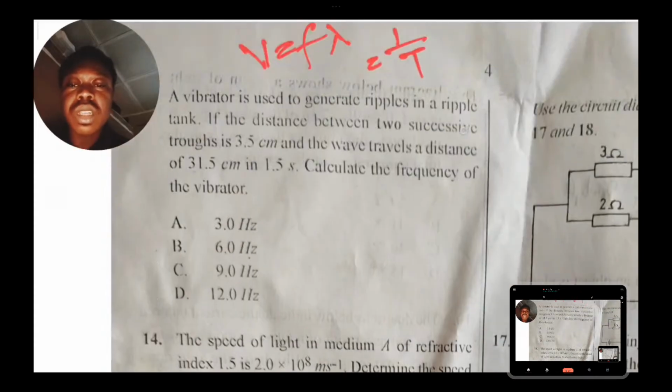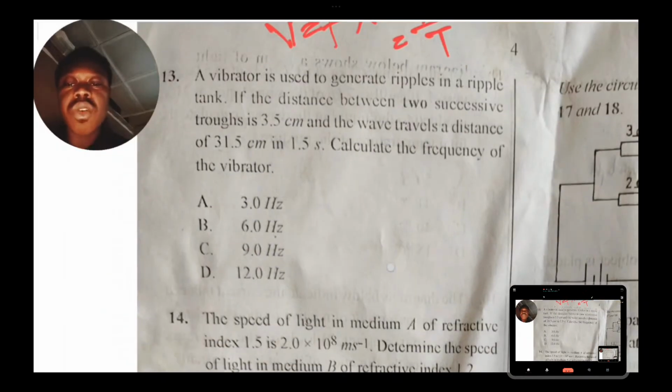Now, we're going to proceed with question 14. Question 14: the speed of light in medium A of refractive index 1.5 is 2.0 times 10 raised to 8 meters per second.